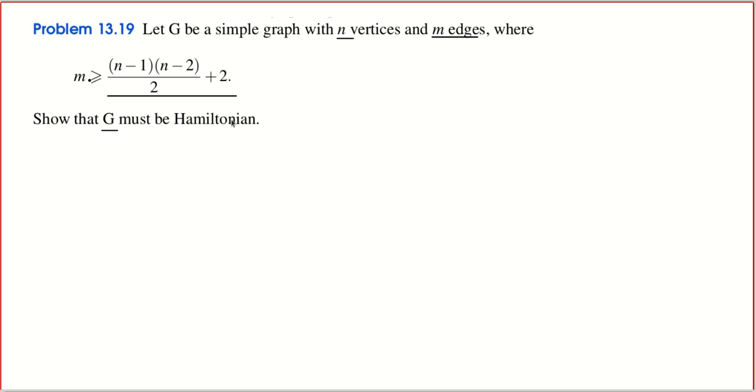And the way to do this, I mean, we have very few results with which to prove that some graph is Hamiltonian. And actually, the most powerful one we have is Ore's theorem.